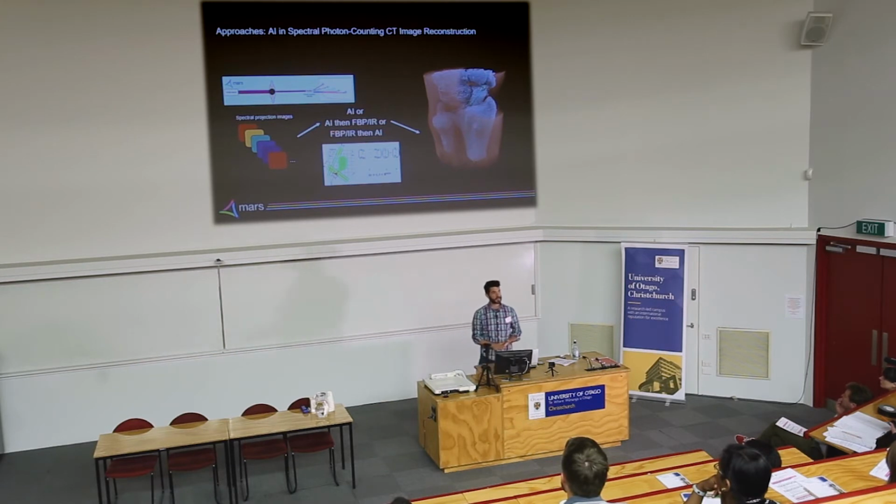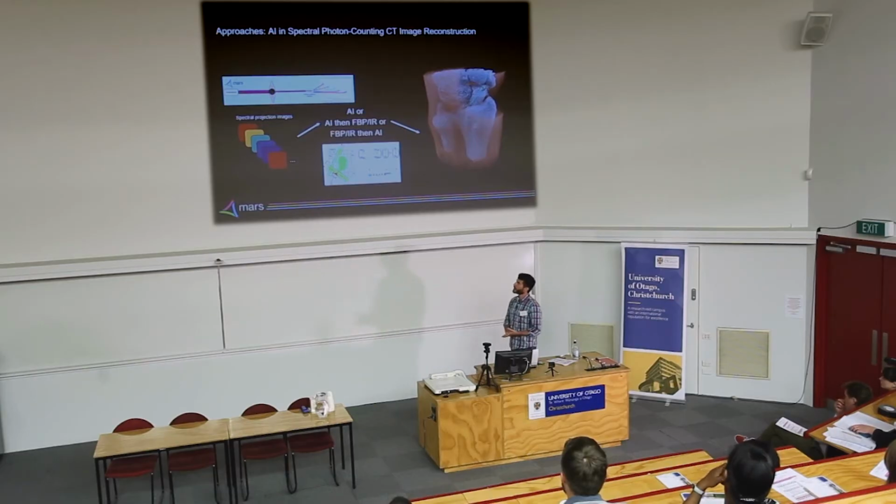We could substitute it for the entire pipeline. We could take a spectral projection image, train it to produce a three-dimensional material output. Currently this is not quite possible. I'll show you some initial things at the end. It's very computationally expensive to do that, and it requires encoding the entire reconstruction algorithm essentially as a neural network.